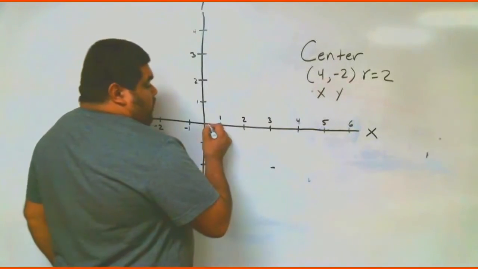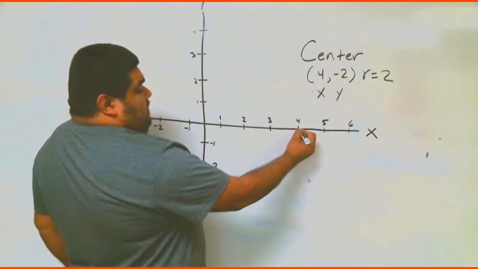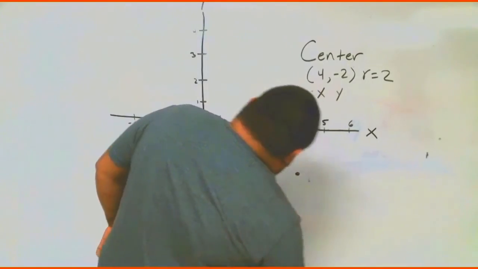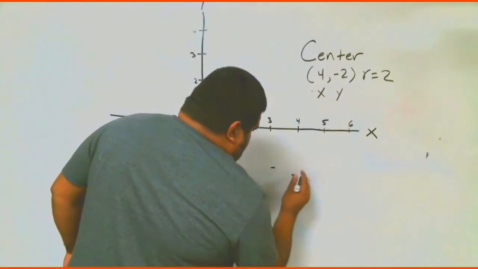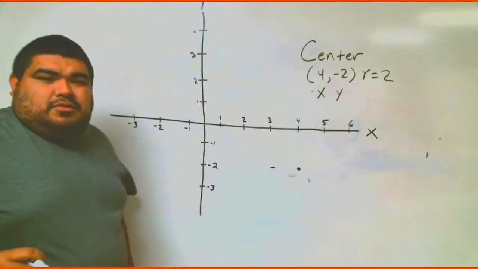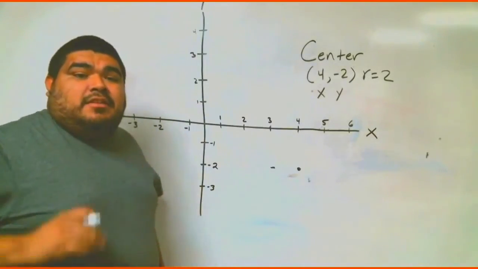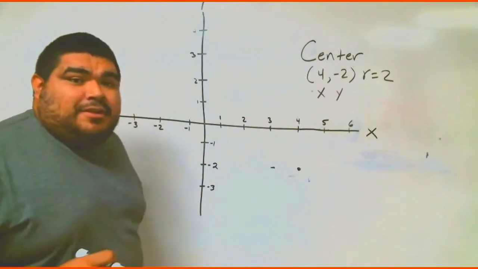So we're going to go 4 on the x, because it's 4. And then -2, which is about there. Might be a little off. Go a little more probably on top. So we have a -2 on the y and then 4 on the x. That's our center of origin. That's where the point of the center is.